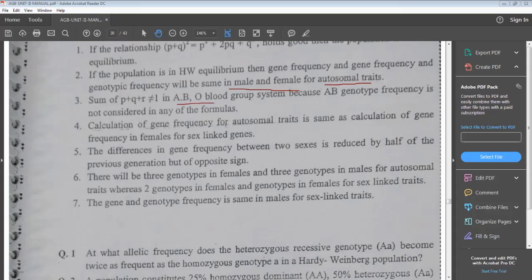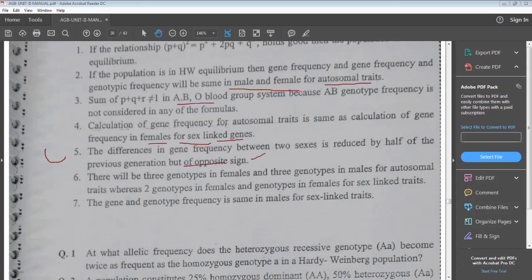The calculation of gene frequency for an autosomal trait is the same as the calculation of gene frequencies for the female sex-linked genes. The difference in gene frequency between the two sexes is reduced by half in each generation, but with the opposite sign. The difference becomes half from one generation to the next, but with opposite signs.